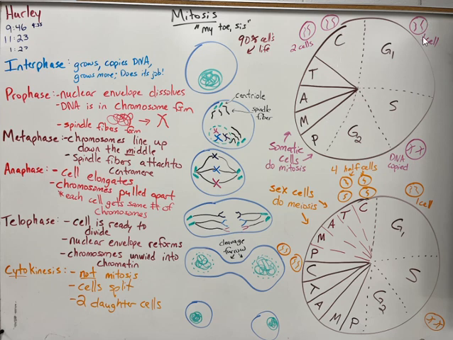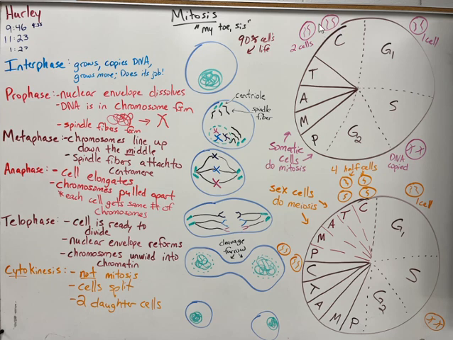So it starts off as a cell with 2 chromosomes, ends up, this is still considered 2 chromosomes, but there's twice as much DNA here. So there's DNA here, and there's twice as much here, so that when you get over here and you split in cytokinesis, it's the same as what we started with.